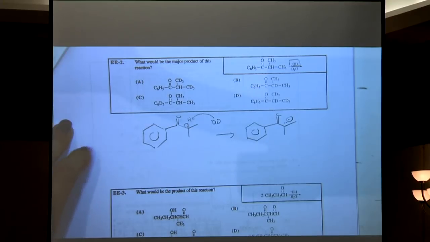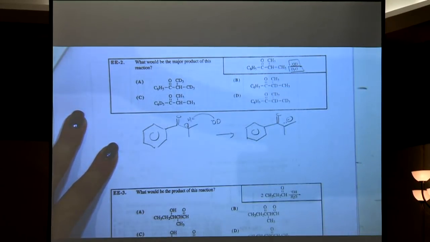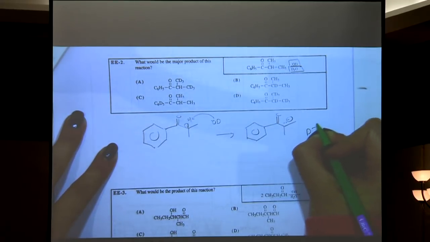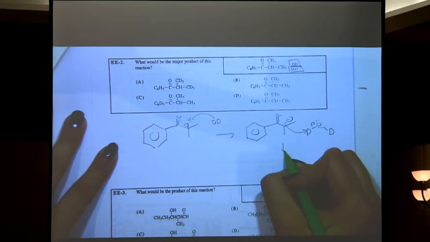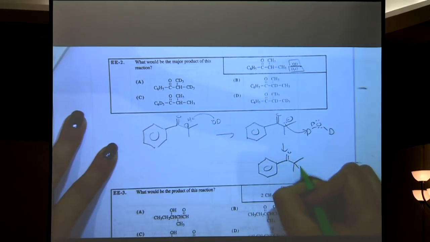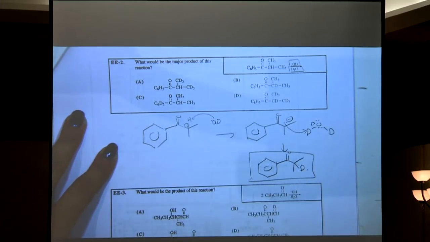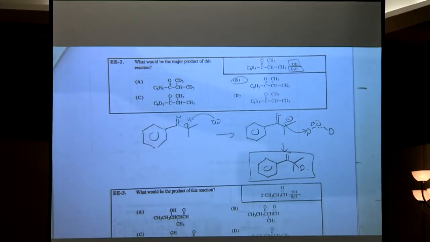And then if we use, just kidding, if we use this, which kind of looks like water, that enolate can take that, and we end up forming this compound right here. If we look at our options, the only one that looks like that is B. Does that make sense? Any questions?